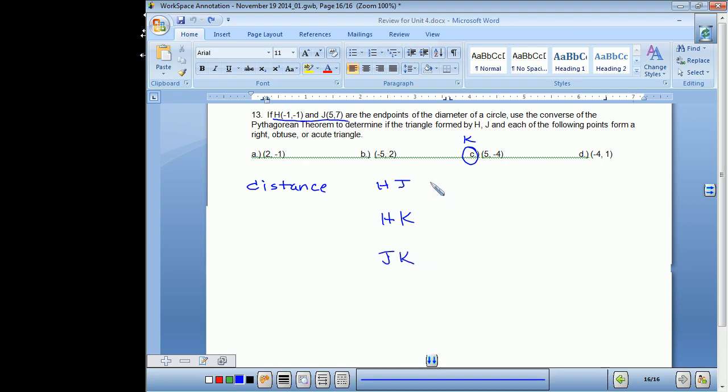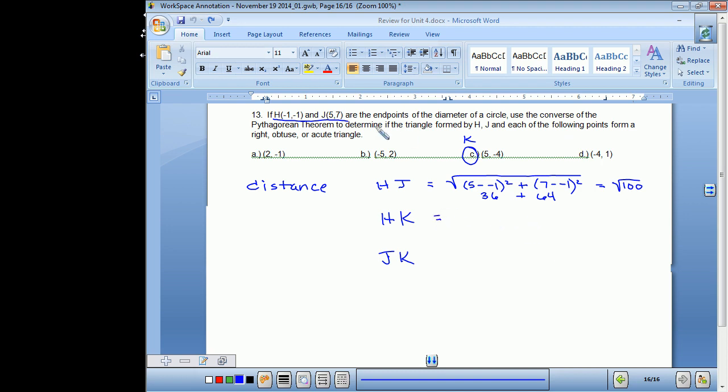So the distance is the square root of the difference in your x's squared plus the difference in your y's squared. So we get 6 is 36, plus 8 is 64. So this is the square root of 100, which is 10. Can you just leave it? Let's leave it as square root of 100. It's easier. I would agree.